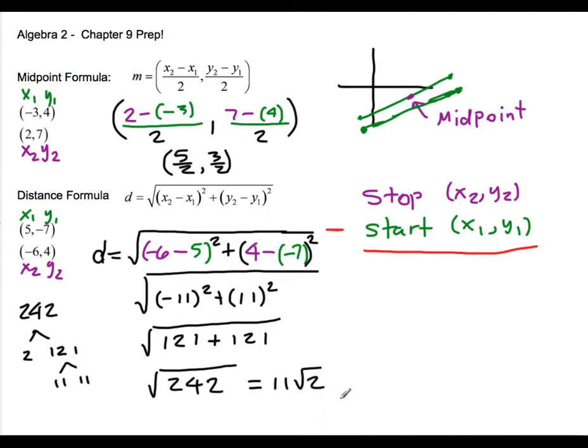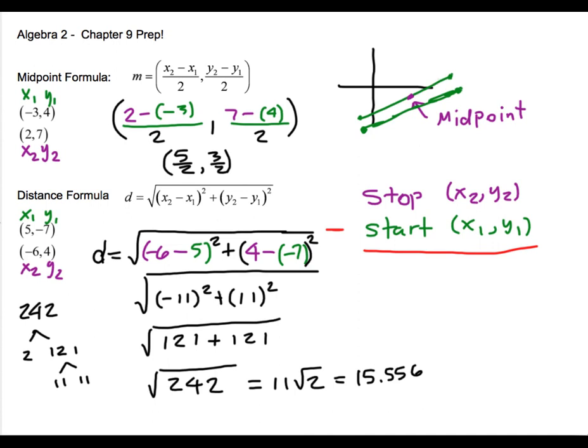A lot of times that's a perfectly acceptable answer. Every now and then you work it out to a decimal. Let me punch it in: square root of 2 times 11 is 15.556, and we would say that that's approximately what 11 times the square root of 2 is.